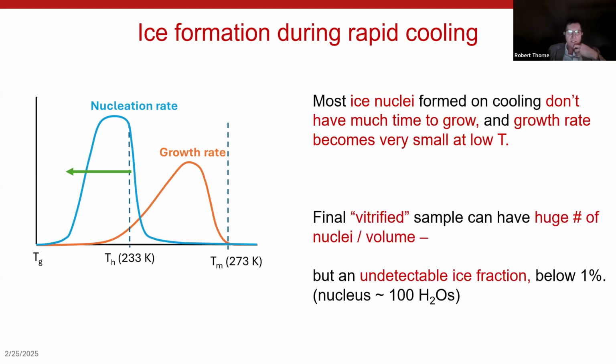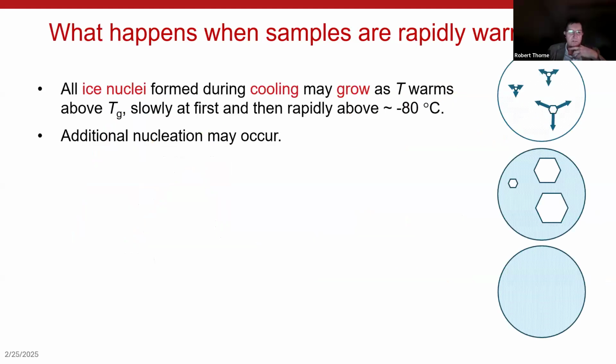On the other hand, during warming, all of those nuclei are available to grow as soon as the water molecules develop mobility, which starts above the glass transition and really takes off above about 180 Kelvin. And so those pre-existing ice crystals can grow like gangbusters during the warming phase.